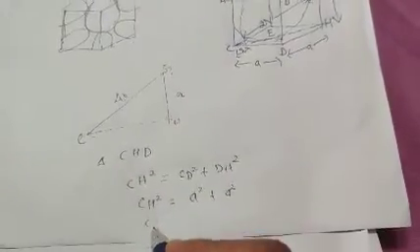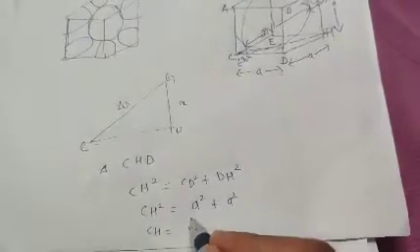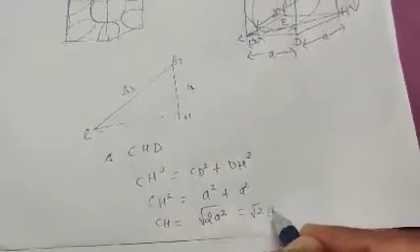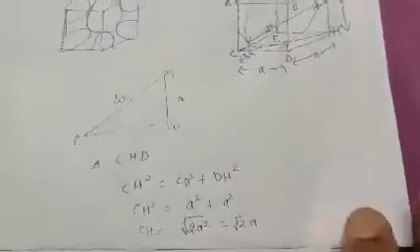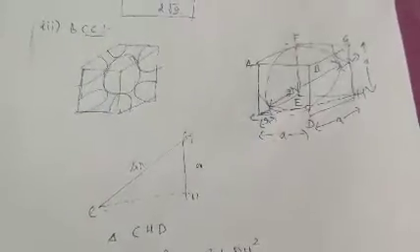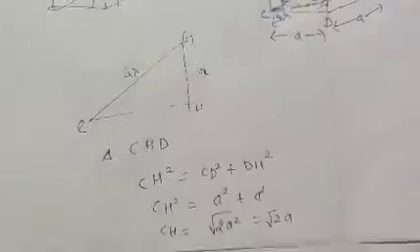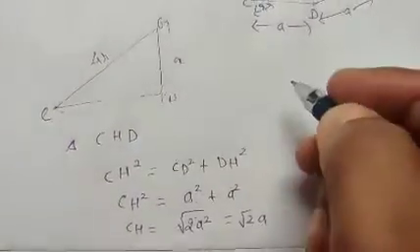So this CH will be under root 2a square, which is under root 2a. Now we have calculated CH.